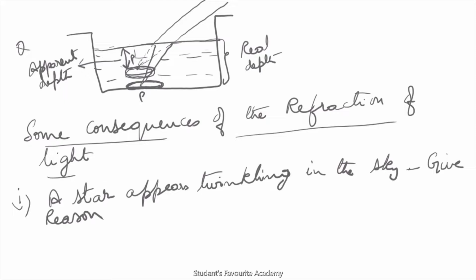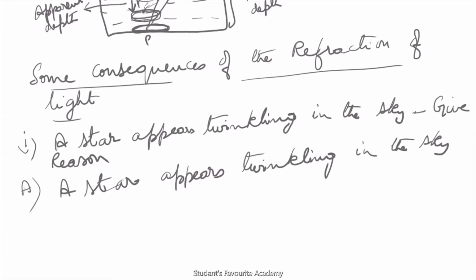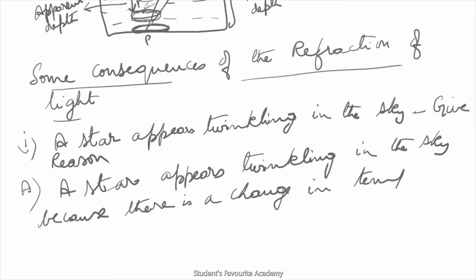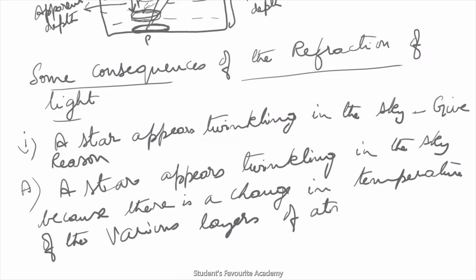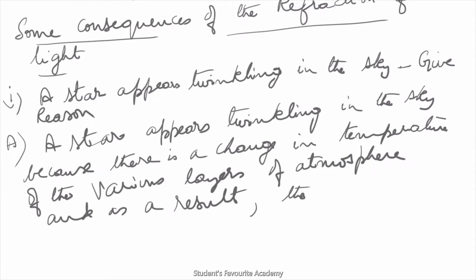Okay, so give reason. So what will you write? Because star appears twinkling in the sky because there is a change in temperature of the various layers of atmosphere, and as a result there is a change in refractive index.